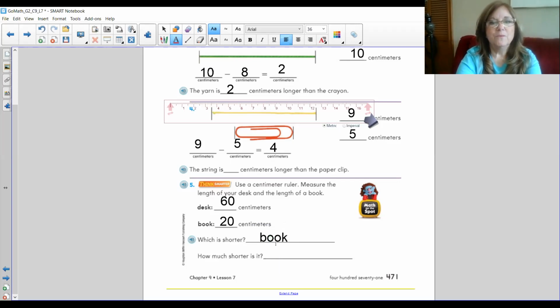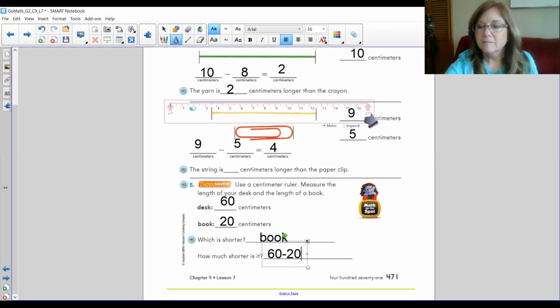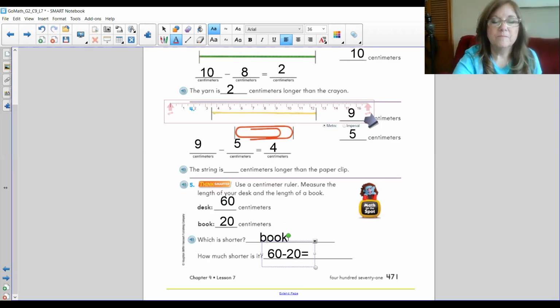Well, we can do a subtraction sentence. 60 minus 20 equals, well, 6 minus 2 equals 4, so 60 minus 20 equals 40. So that's how they got the answer on that one.